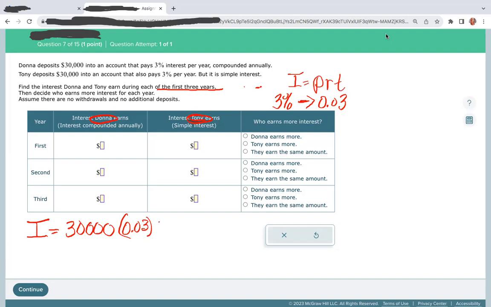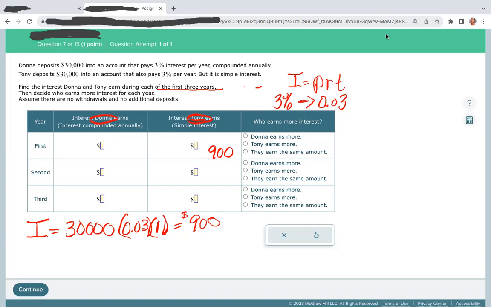It actually helps. And then the length of time is just going to be 1 year. And remember, it's the same formula for every single year. You throw this on a calculator, 30,000 multiplied by 0.03 multiplied by 1, and this turns out to be a total of $900. So Tony is going to earn $900 in interest at the end of the first year.